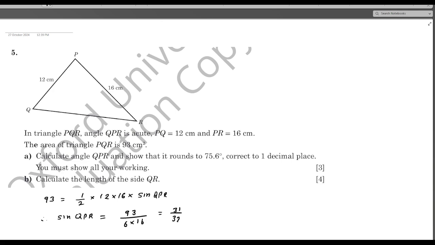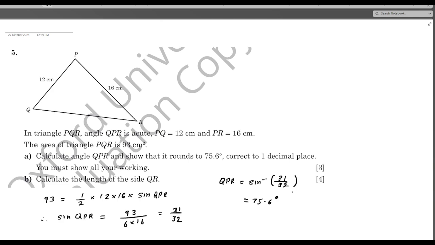Therefore, your angle QPR is equal to sine inverse of 31 divided by 32. If I take sine inverse of 31 divided by 32, I will get 75.6 degree.